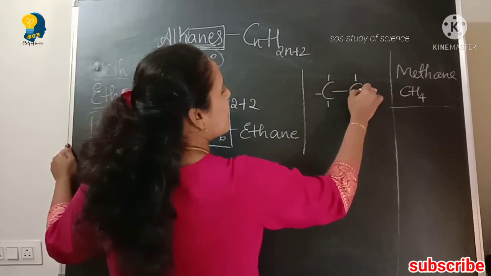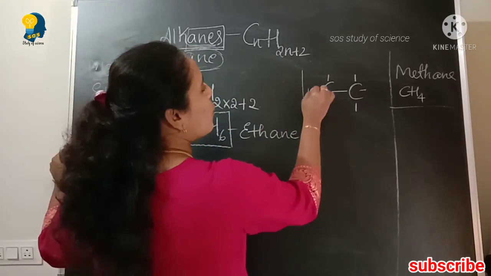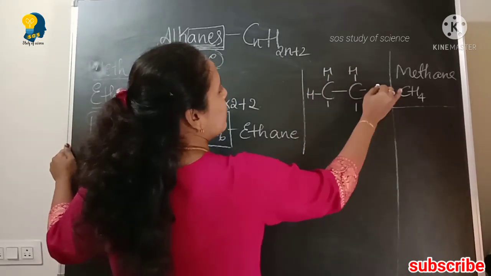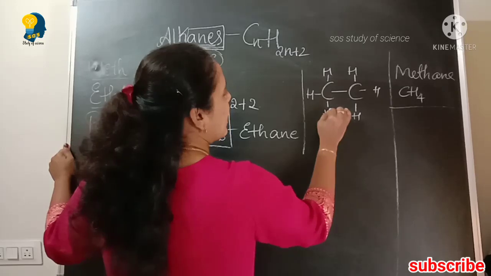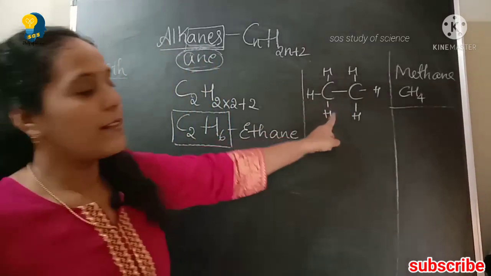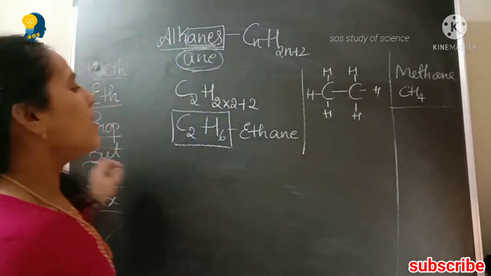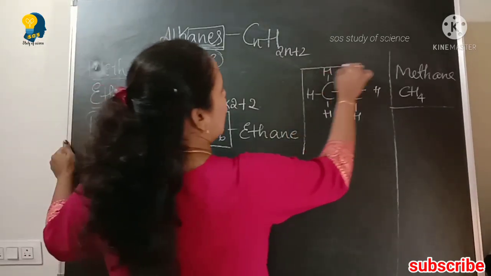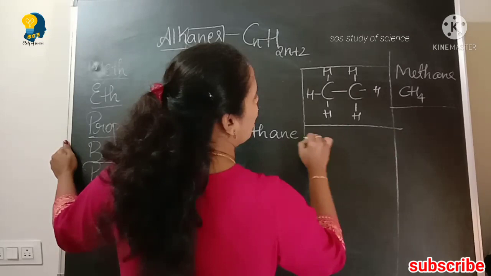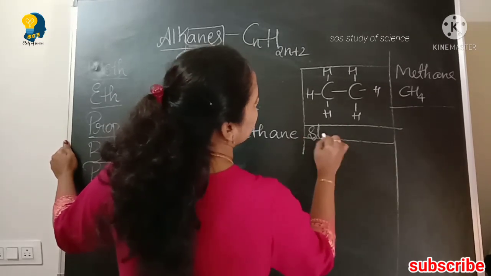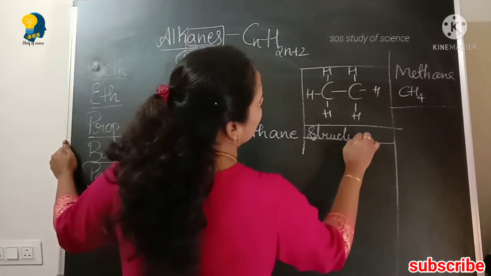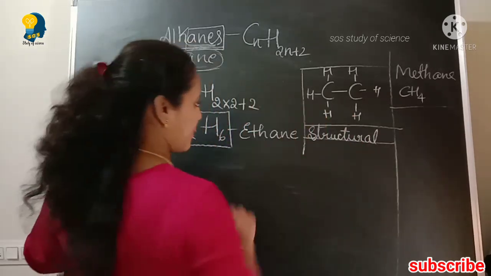The remaining bonds are surrounded by hydrogen: 1, 2, 3, 4, 5, 6 hydrogen atoms. You can see the 2 carbons surrounded by 6 hydrogen atoms. So this is how we write the structural formula for ethane.